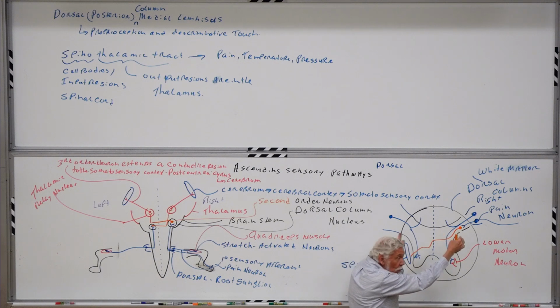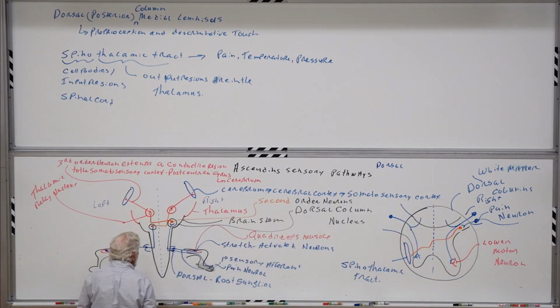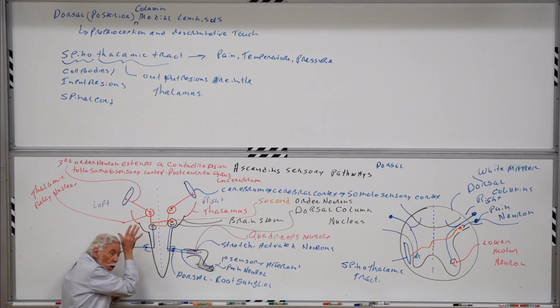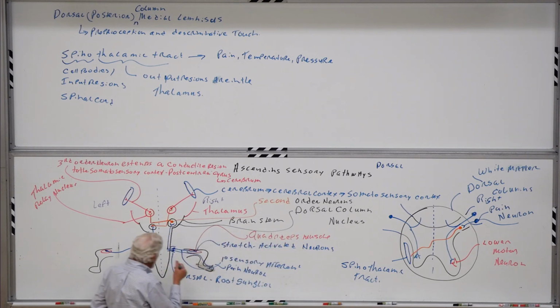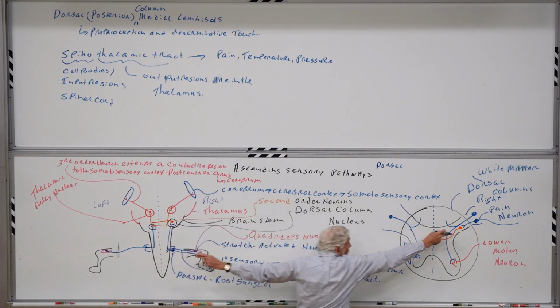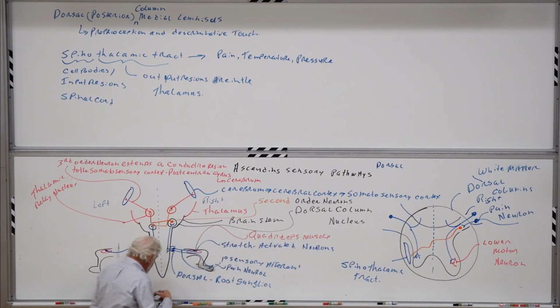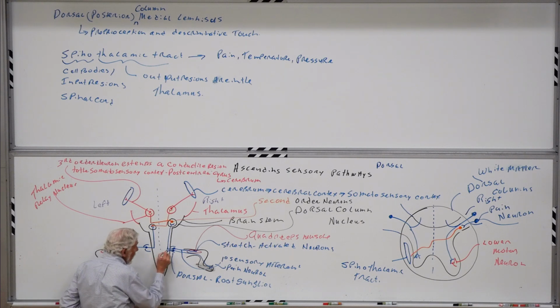So if we now take this image of a cross-section and superimpose that image onto our longitudinal view, this primary sensory afferent, as we've shown here, synapses onto a second-order neuron, right here.